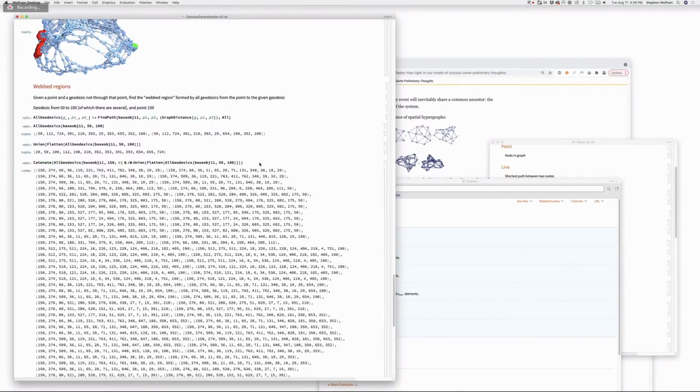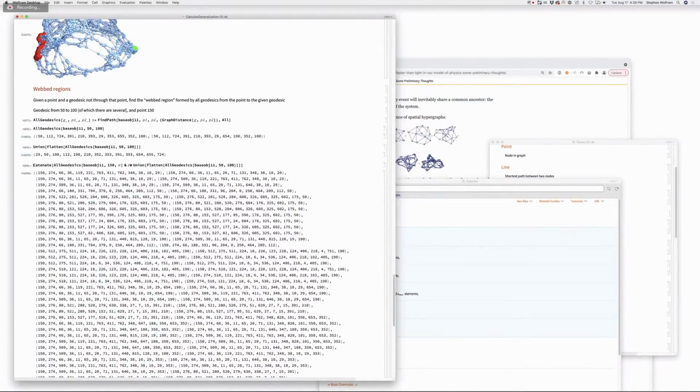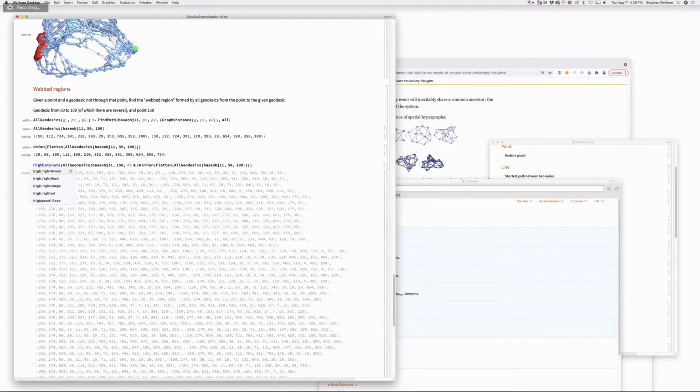So if we catenate that by one level, do we get all those? Okay, so now I claim we want to take highlight graph of base obj 11 of a path graph. I think I want this. That would show all; let's see if that comes out as anything reasonable.